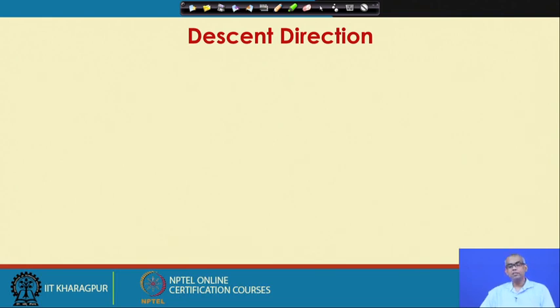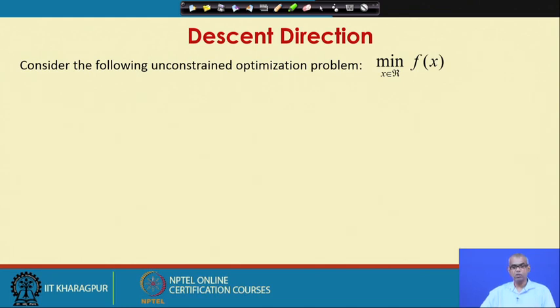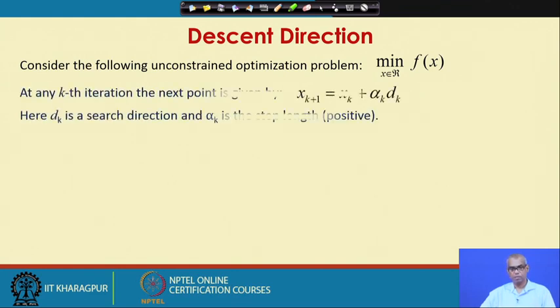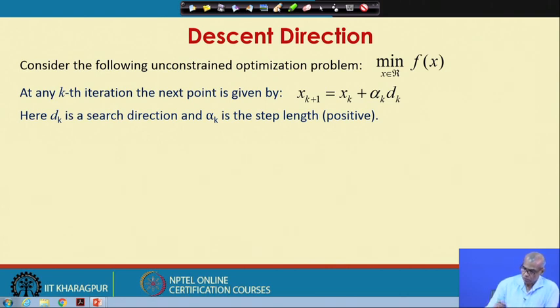Okay. So, now let us introduce the concept of descent direction. Let us consider the unconstrained optimization problem, minimization of f(x). At any kth iteration, the next point is given by x_{k+1} equal to x_k plus alpha_k d_k. You can consider x as a vector. So, what is told here is basically as follows.